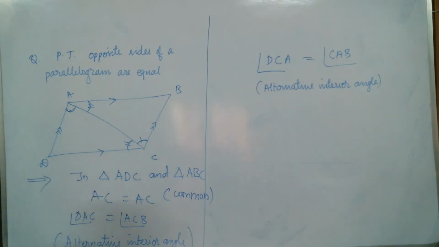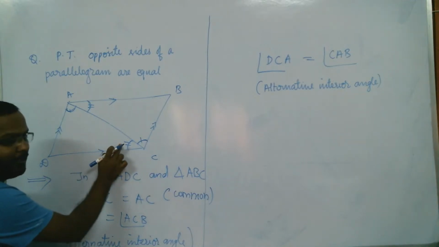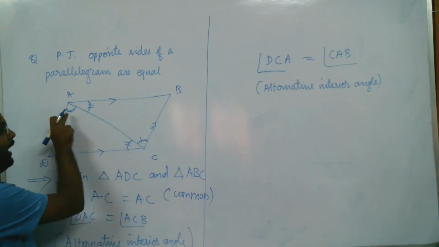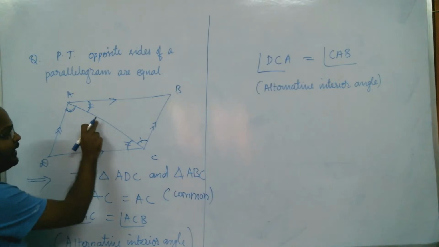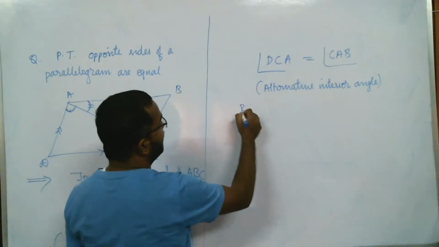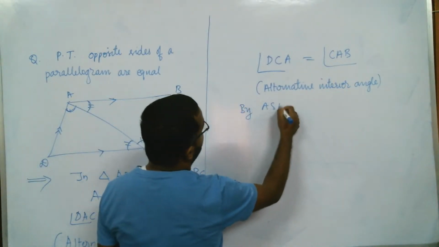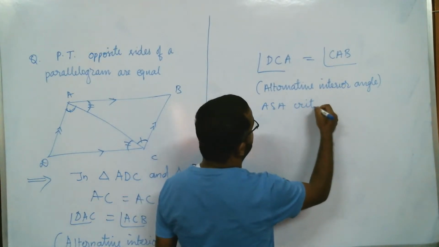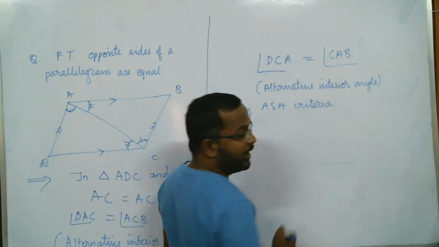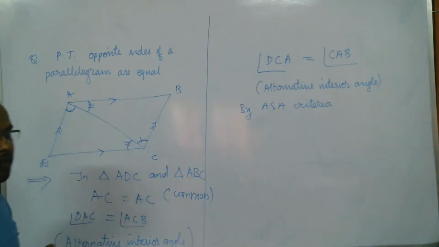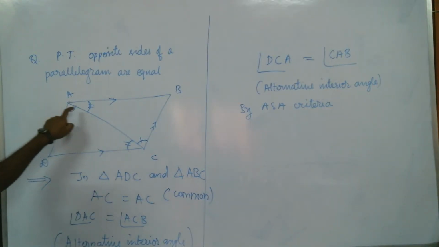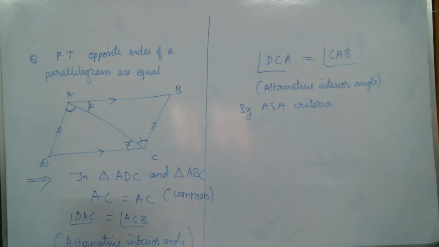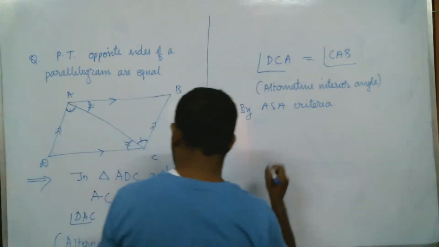So which criteria can we use here? Angle, side, angle: ASA. By ASA criteria, this criteria is also very important, by the angle-side-angle criteria, these two triangles are congruent. Which two triangles are congruent?